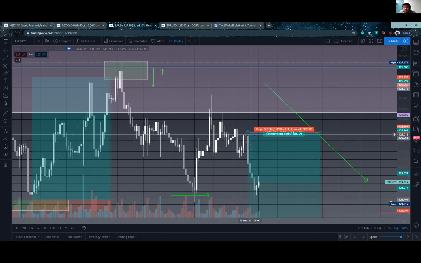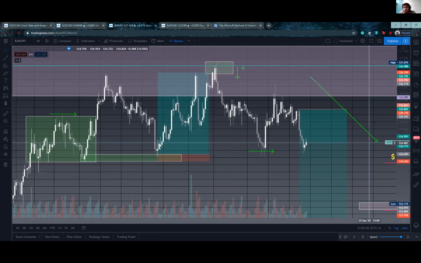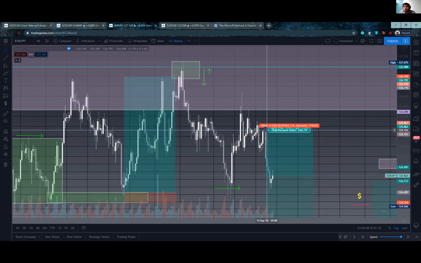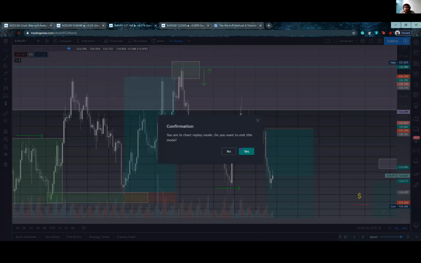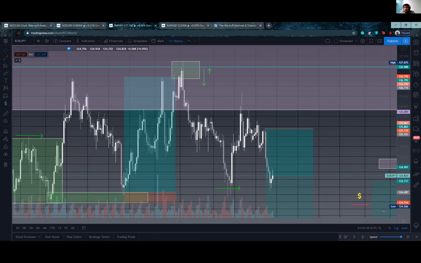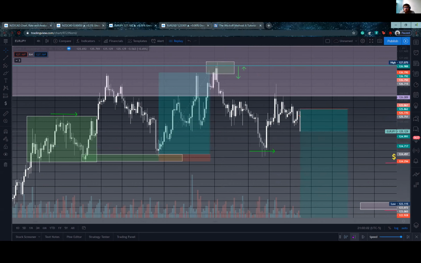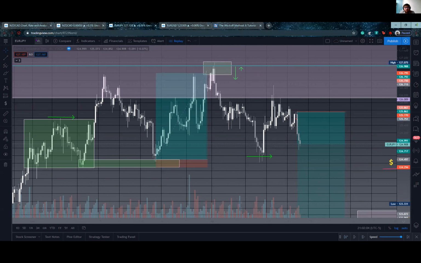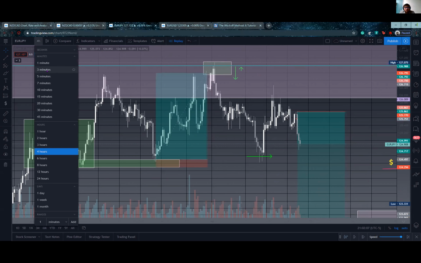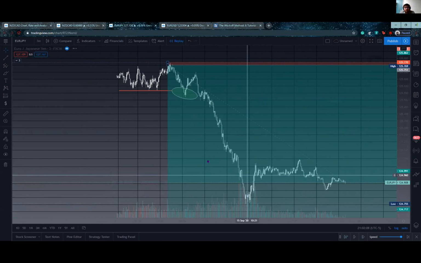I know I can't zoom in that much because TradingView won't let me, but in this position we're using lower time frame Wyckoff. Actually, let me see if we can come back and look. Yes, it will let me.